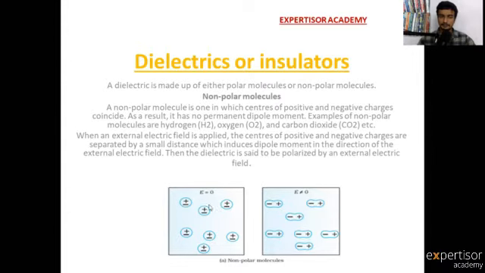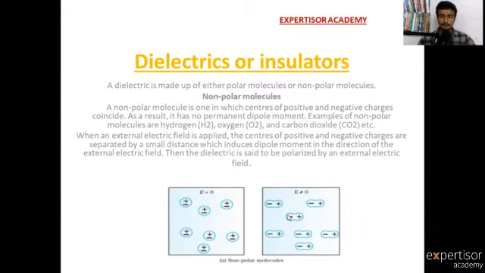Look here, E is equal to 0. There is no application of the electric field. This is the alignment of the positive and negative charges. When you apply the electric field, that means E is not equal to 0, some distance is created between these two charges.